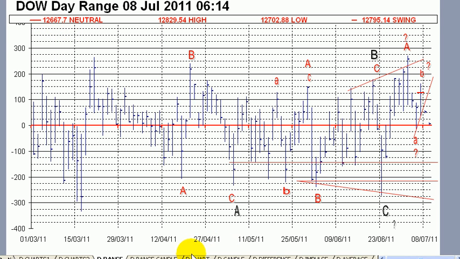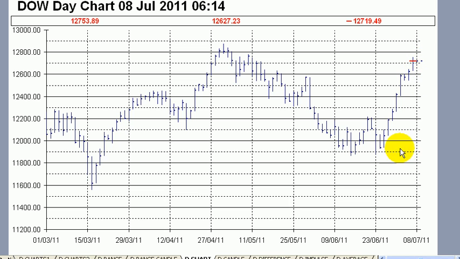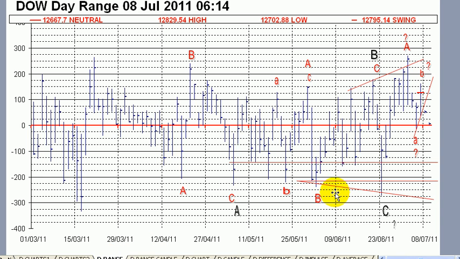Now, a typical corrective move from here is somewhere around the 12,300 area to 12,400 area. But I'm more inclined to go with just slightly above 12,400, somewhere in the region of 12,450 thereabouts, because the minus 200 here is 12,467.